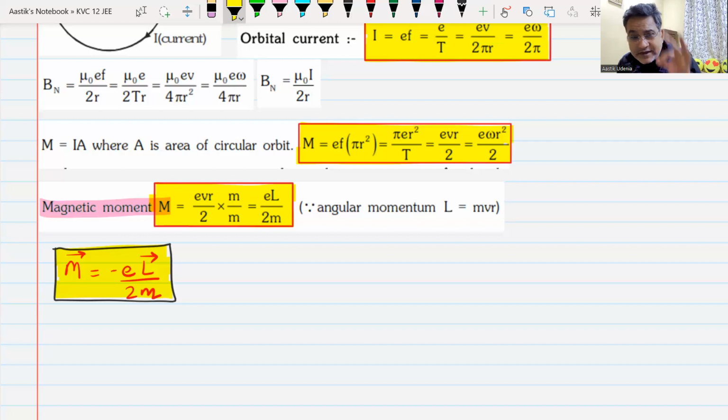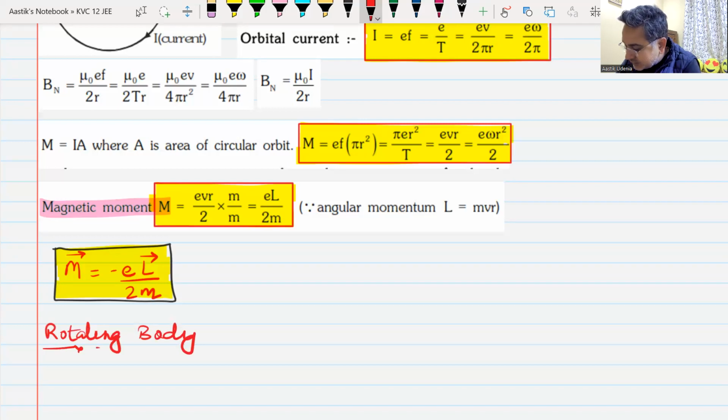Relation between magnetic moment of a rotating body and its angular momentum. If that rotating body has a charge, it will have a magnetic moment as well, and you can find it out from this formula. For a rotating body, you can write the relation like this. First listen to me, then I'll give you time to write.